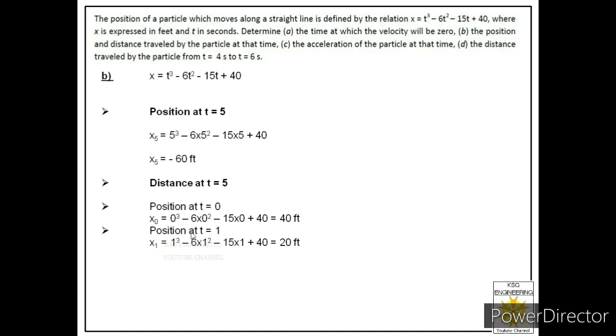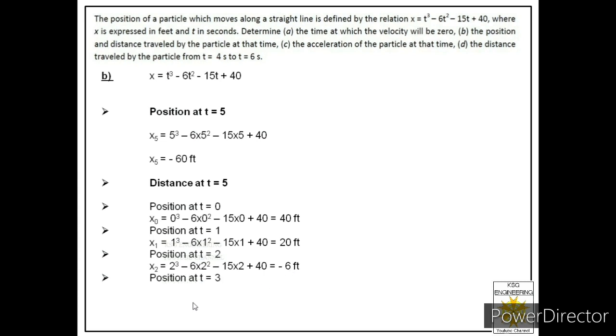Similarly we will find the position of the particle after 2 seconds. This is x2, so we have replaced t with 2 and we got minus 6 feet, which means after 2 seconds the particle was at minus 6 feet from origin.